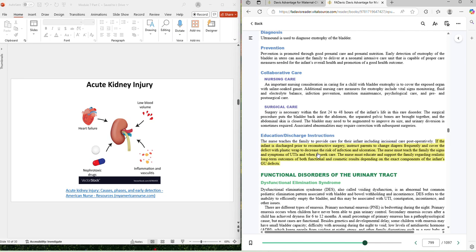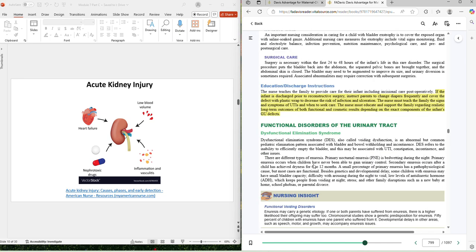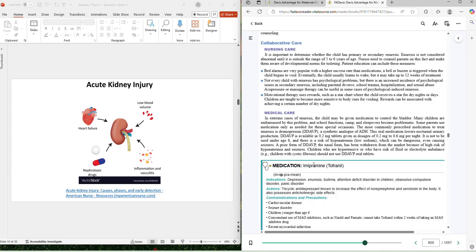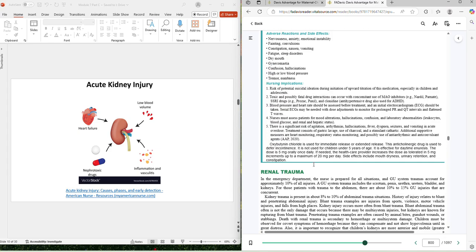Usually they try to get that surgery done immediately. Let's go to page 802 and talk about renal failure, AKIs, acute kidney injury.